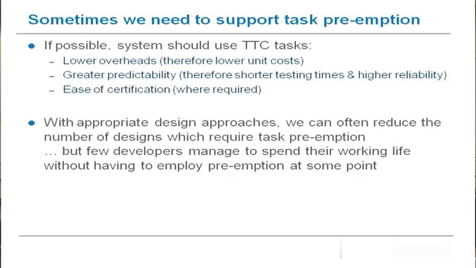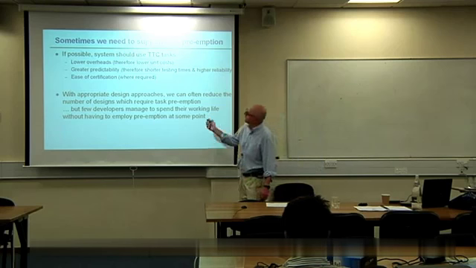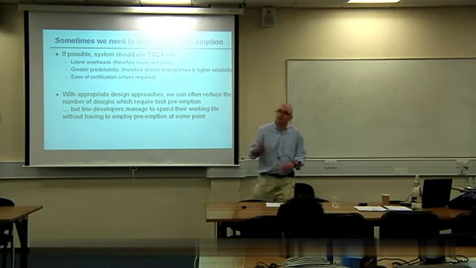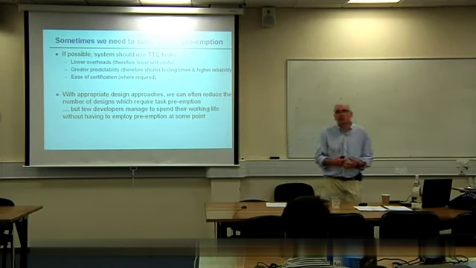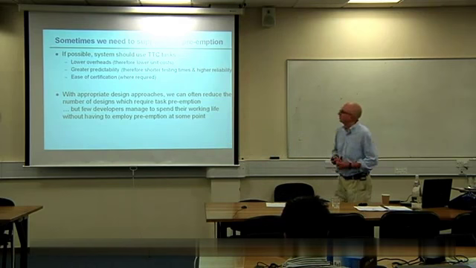Overall, I'd argue that where you can, you should use a TTC approach in your systems. Lower overheads, great predictability, ease of certification for these kind of systems. In a nutshell, advantages of this approach.